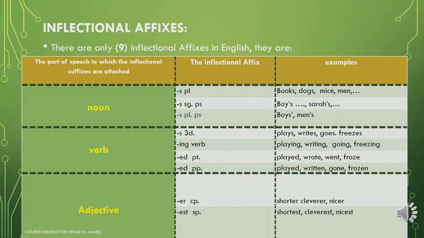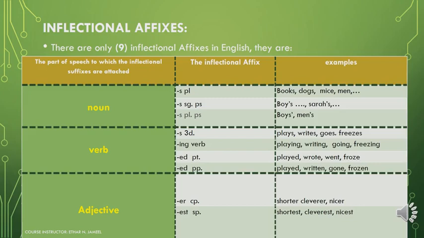For example, she plays, she writes, she goes, the water freezes. So S third person singular is an inflectional suffix. Remember, it is an inflectional suffix. It is added to verbs in the present simple tense when the subject is singular.